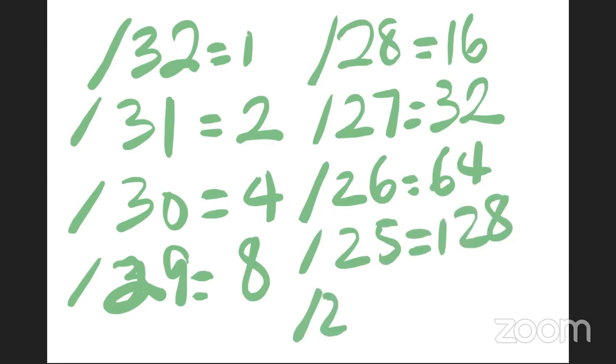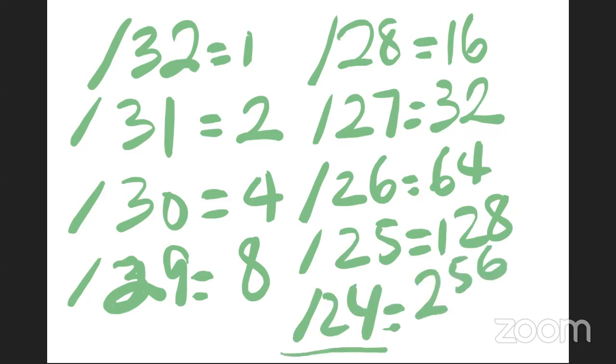When we have 24, we have 256. So right now, the one that is on my screen accesses 256 IP addresses. Okay, I'm going to go back to my screen.